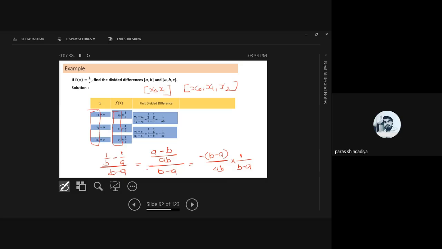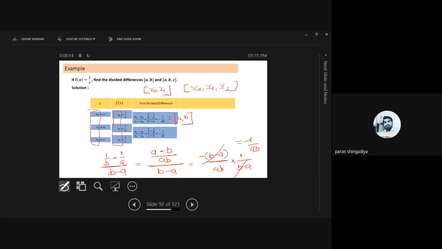This ab will be shifted to the denominator, so it will be a into b, and it is a product with b minus a. So b minus a and b minus a will be cancelled out. So the remaining is minus 1 upon ab as the answer of a1. You will get minus 1 upon ab as the answer of a1, and that is called the difference of x0, x1. But right now the notation ab is given, so it is also known as a comma b. It is known as the ab answer, meaning the difference of a and b.